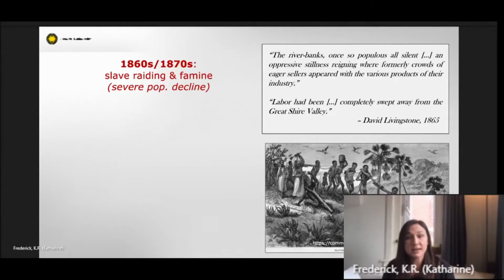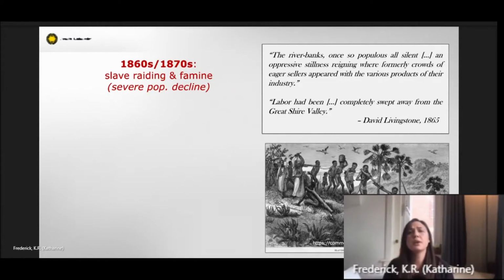At the same time, this region also experiences really terrible famine conditions. This is partly related to production being disturbed by this slave raiding, but it's also related to a series of multi-year droughts that occur in the area. This ends up killing off a huge portion of the region's population.